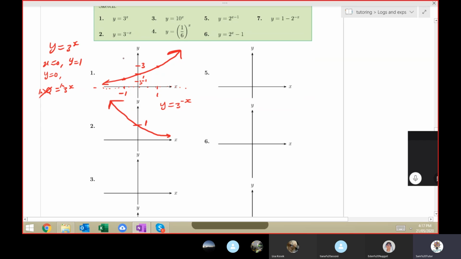Again, worst case scenario, I'm sure you would have subbed in some numbers. There's 1, there's -1. If you had subbed in 1, you would have got 3 to the power of -1. So I think that was you, Tiana, that said flip it down. You'd have realized you would have had a third. And then if I subbed in -1, you would have had 3. You would have been like, what? There's a dot there and a dot here, but I'm thinking it should have been down here.